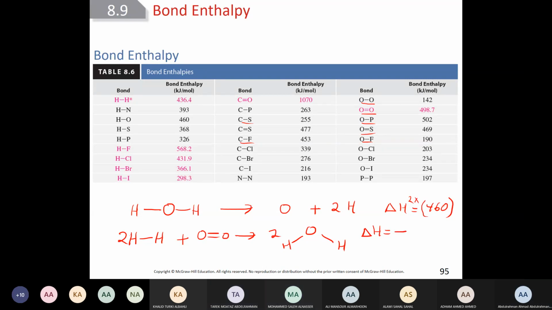Minus what? Only 460? Times what? Not 3, not 2. Minus 4 times 460, right? Why did they say 4? The coefficient of H2O is 2. This is not the whole reaction. This is just for the product.